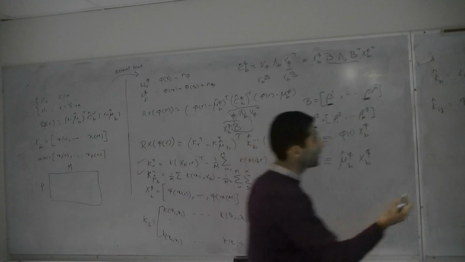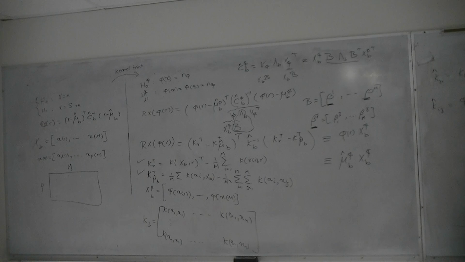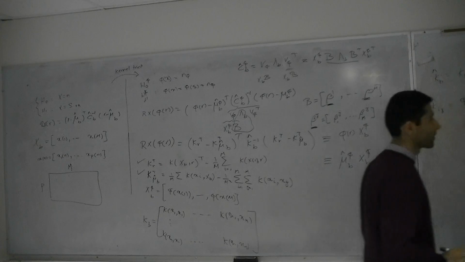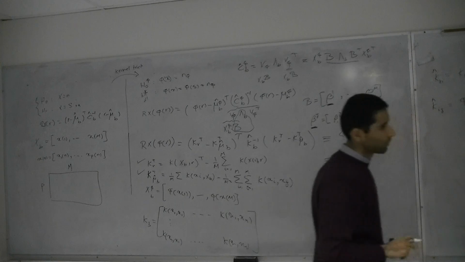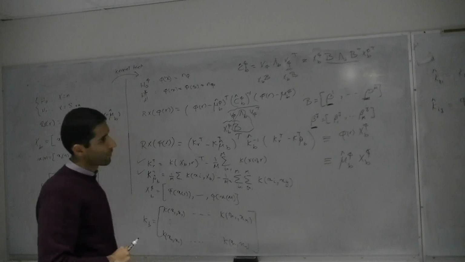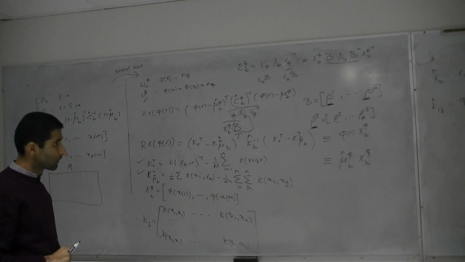Yeah, this one is Kij, equal to this one, and this one is K I J hat. So this should be equal to an element in that matrix.